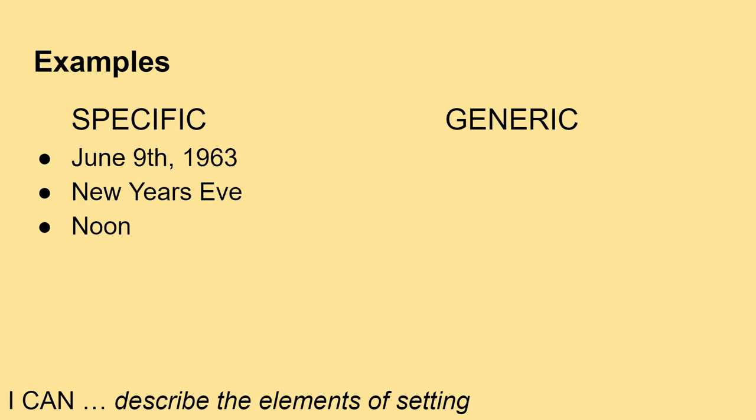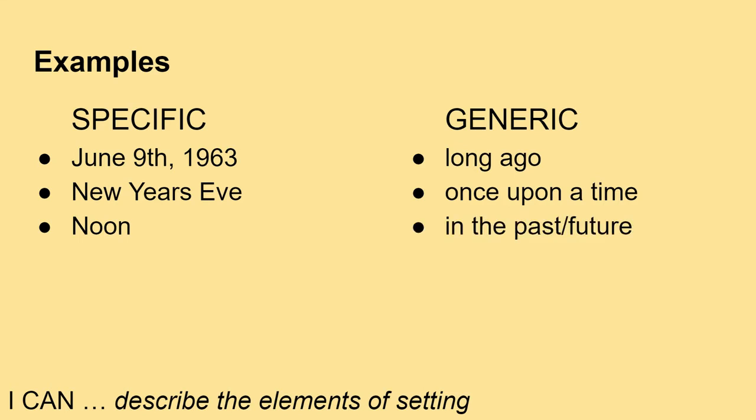Generic examples would include things like long ago or once upon a time, in the past, in the future. So we don't know exactly when it is happening. We just know that it is happening at some sort of time, and that can give us an idea of when the story might be being told. So if you say long ago, maybe we're in a fairy tale. If you say New Year's Eve, it's probably a little bit more modern.